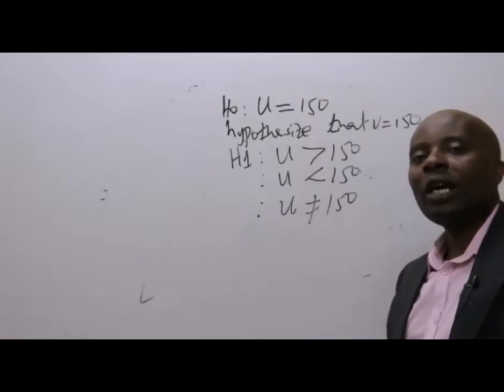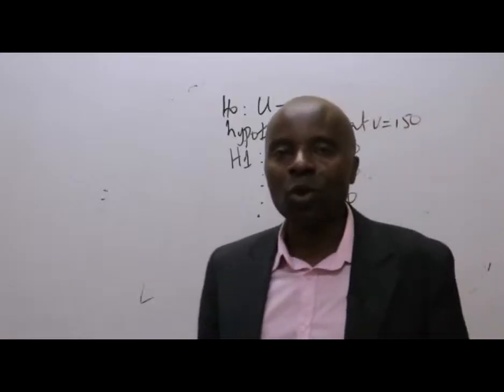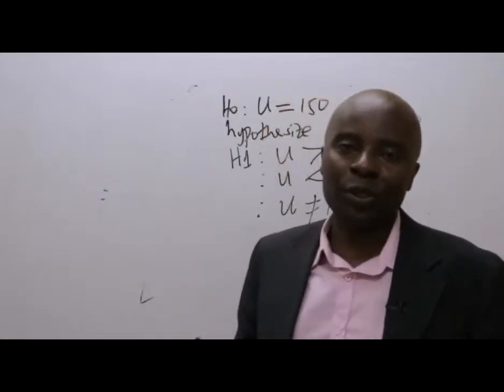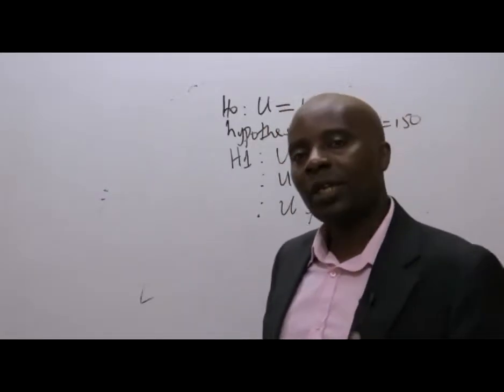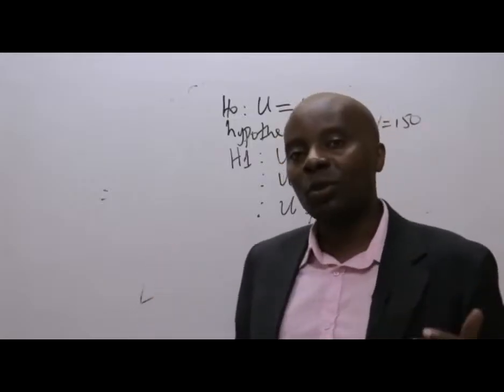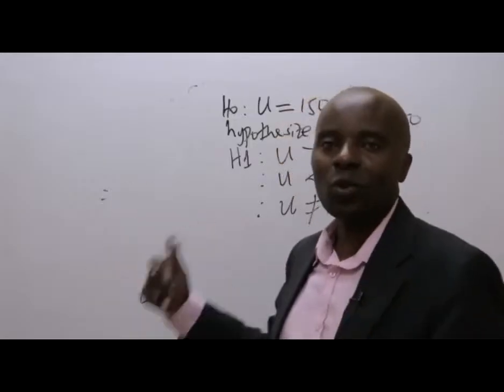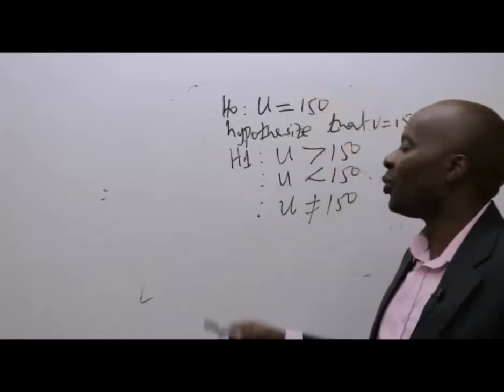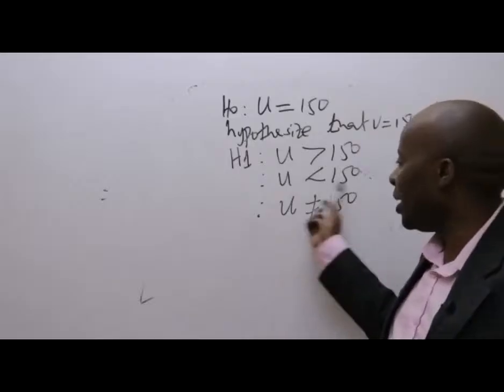One thing I would want you to appreciate from the word go: when I go to Summit trying to assess the heights of the students, some students will be taller than this, other students will be shorter than this 150. So the proper alternative hypothesis that we need to put down is this one here.